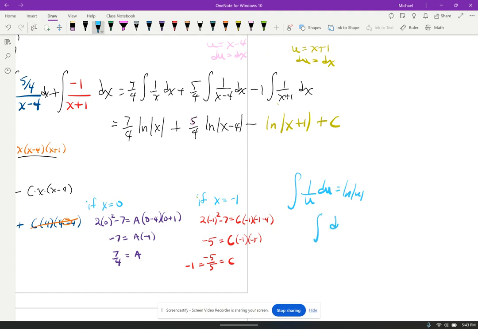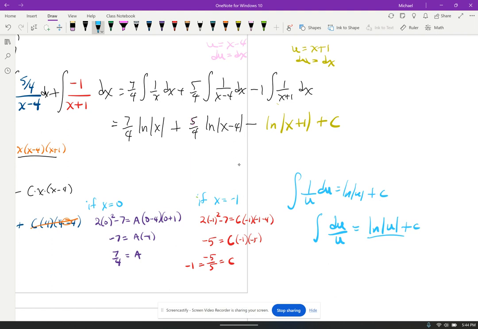But if I write it like this, this is saying if the derivative of u is in the numerator and u is in the denominator, then the antiderivative is the natural log of u. Okay, well, the derivative of x is 1. Hey, that's in the numerator, so I can just do a natural log antiderivative.